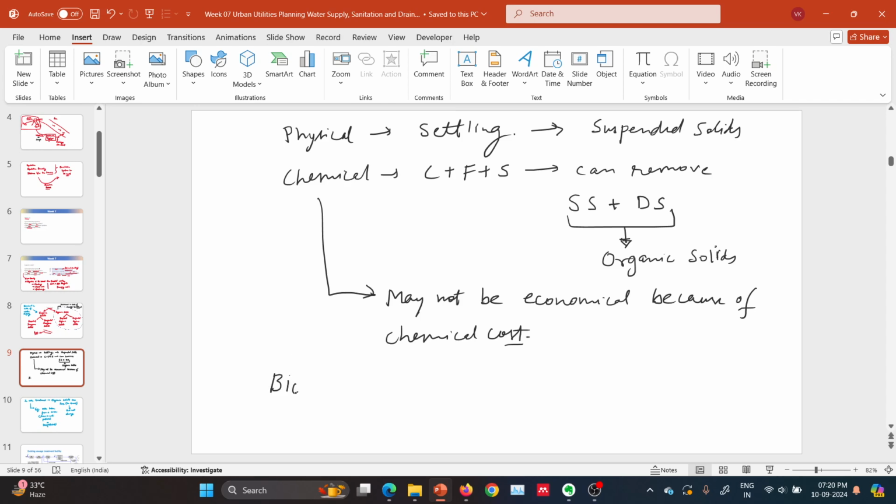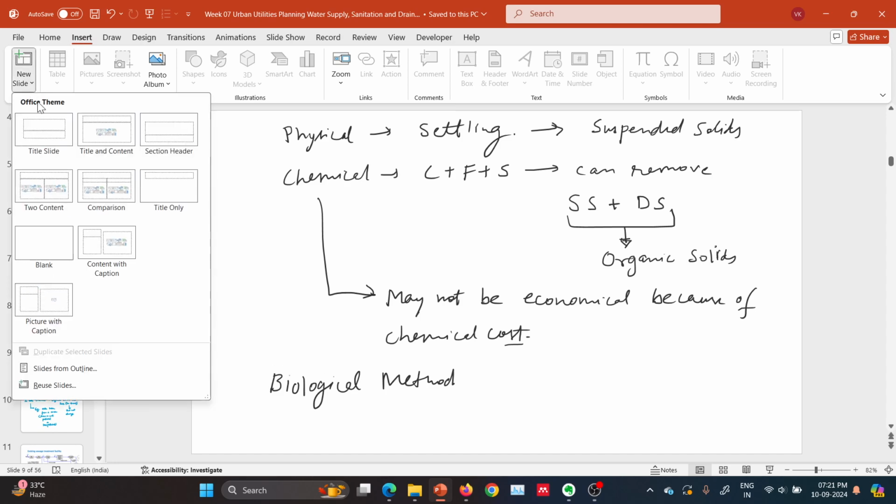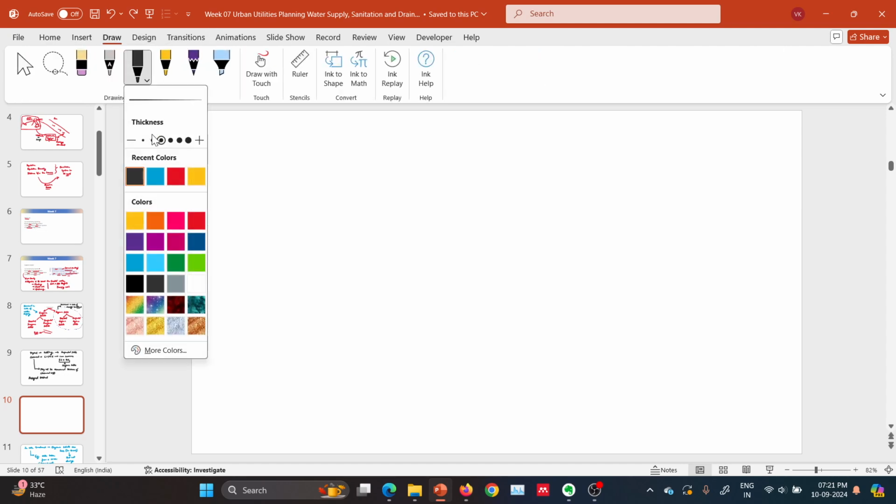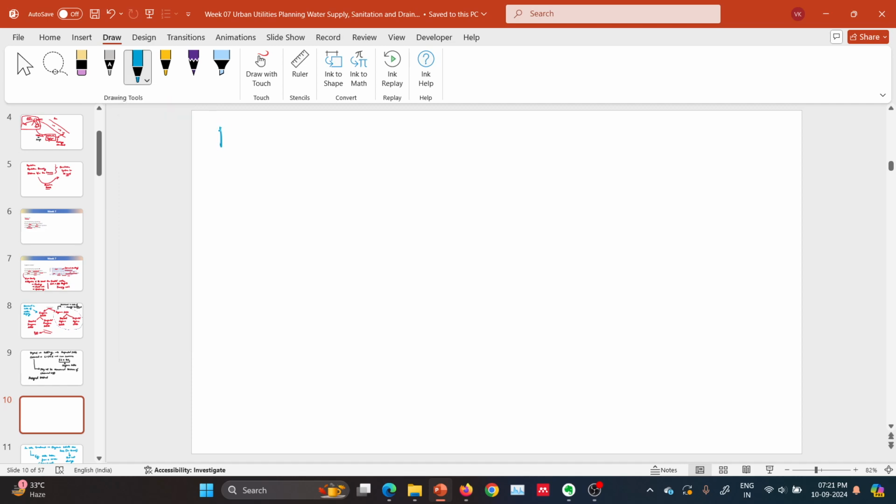So we have one more treatment method, called biological methods, that we'll also understand. So in biological methods of organics removal, what happens?